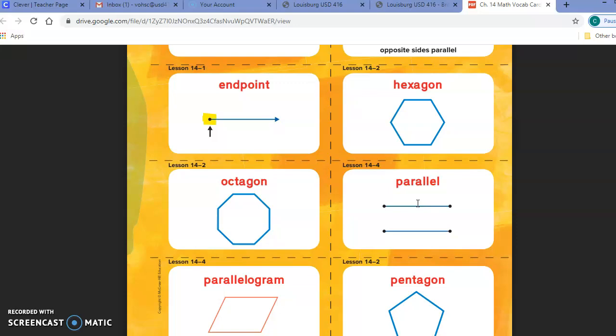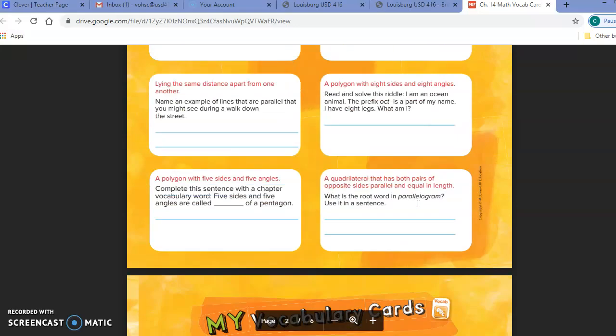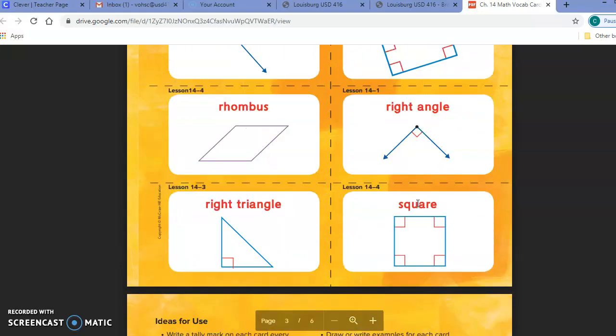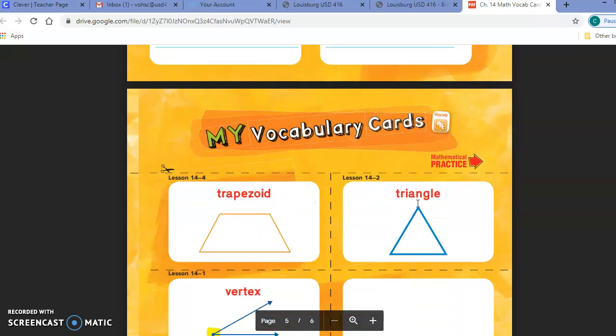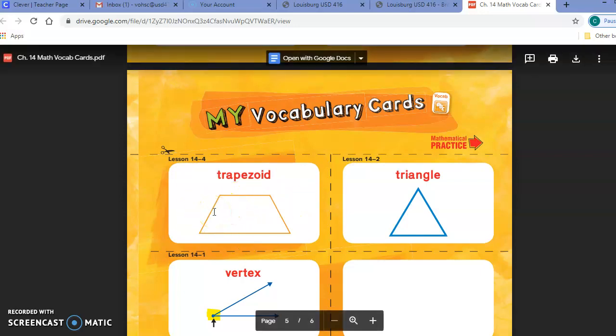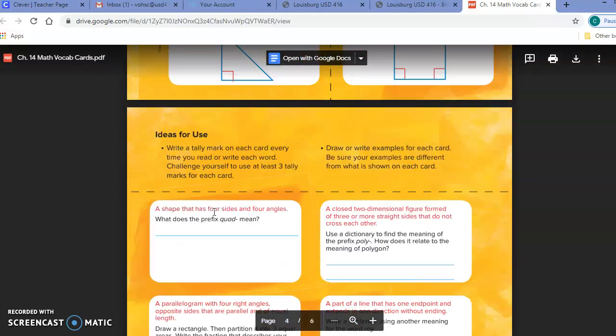We'll also get introduced to a trapezoid in lesson 14-4, and a trapezoid, let me find it, it's down here, it is right here. A trapezoid is a quadrilateral with 1 pair of parallel sides. So this pair of sides are parallel, but these 2 are not. So that's what a trapezoid is. We'll also get to talk about a parallelogram.